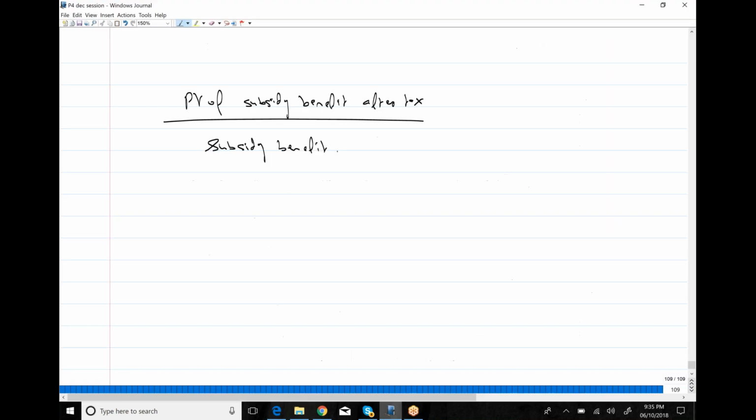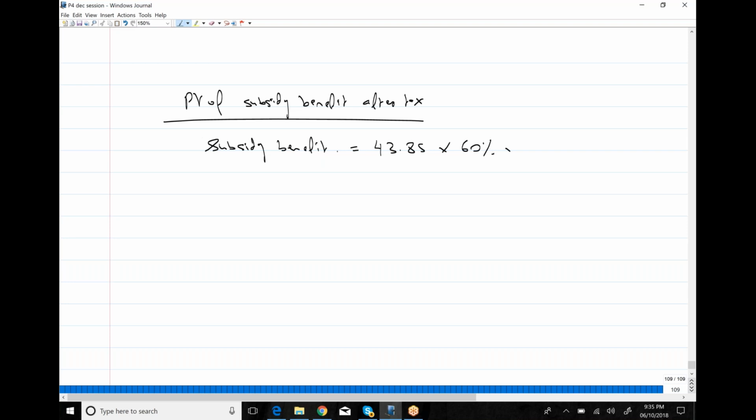So subsidy benefit will be equal to, this percentage will only apply on 60% of the loan. So you will raise a loan of 43.85.